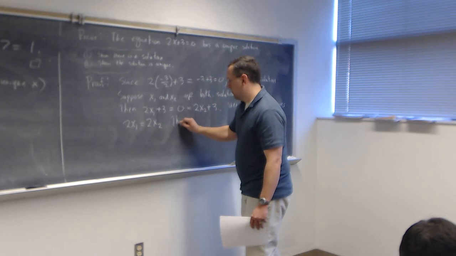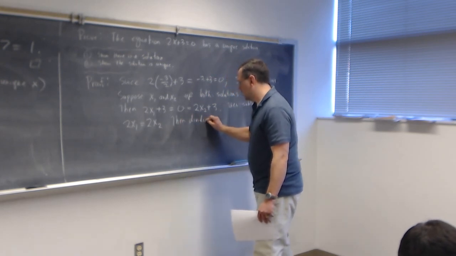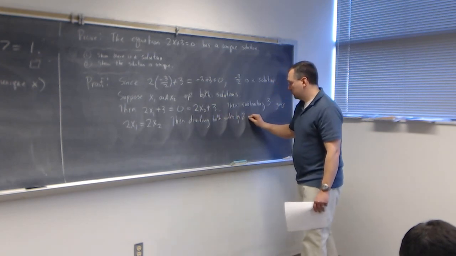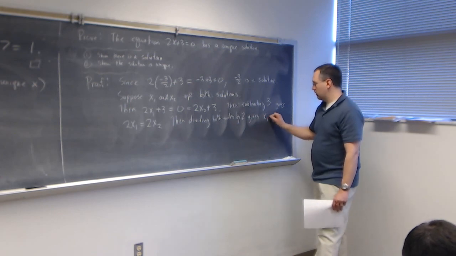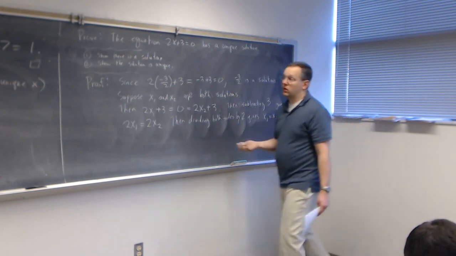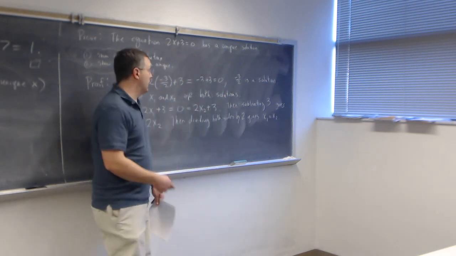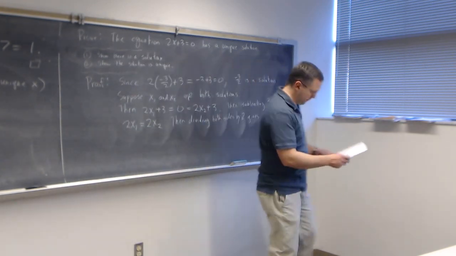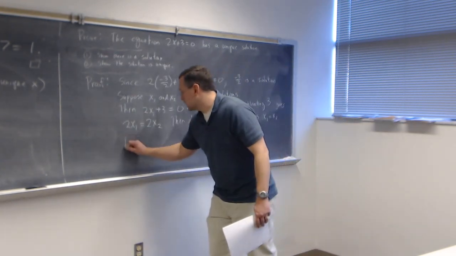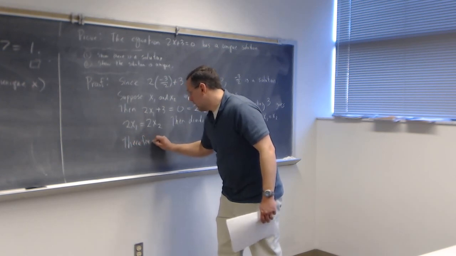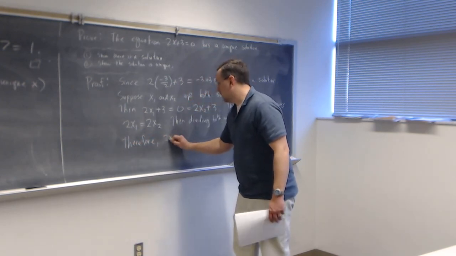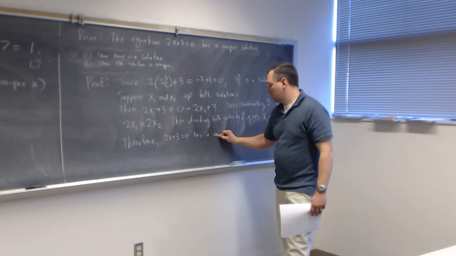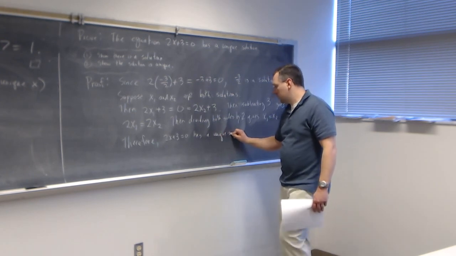Then dividing both sides by 2 gives x1 equals x2. So you can't have two different solutions. If you have two solutions, then they're actually the same number. Okay, so we're done. Let me just summarize it. Therefore, 2x plus 3 equals 0 has a unique solution.